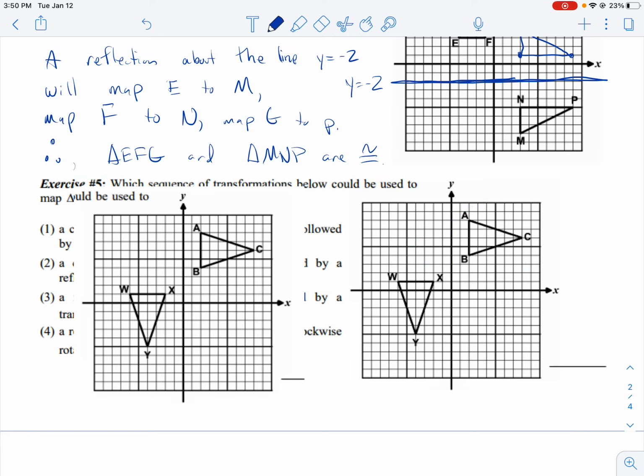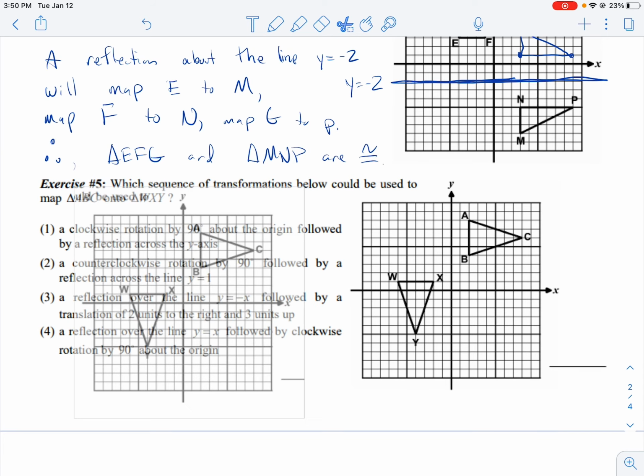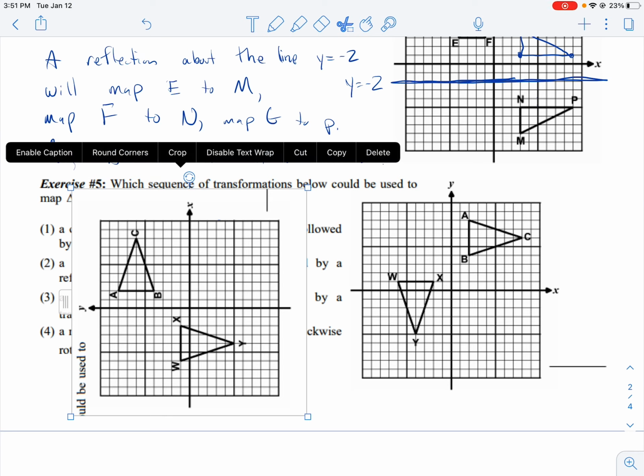Well, I'm going to start with a rotation, because it looks like, all right, we need to get these things to line up here. So I'm going to rotate it this way. I'm going to rotate it counterclockwise 90 degrees. So let's see what kind of image that gives us. All right.